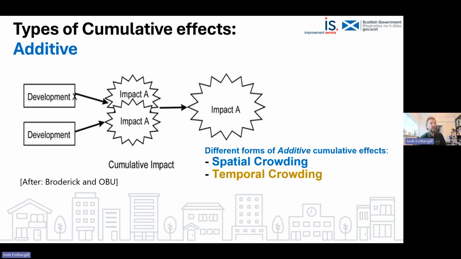And as a consequence, even though individually the impacts might not be considered significant on their own, when we take the accumulation of them together, the overall impact of those two effects on setting, or changing the kind of context of what we're seeing in an area, can have an overarching cumulative effect. So an interesting case example of this was Liverpool Docklands.